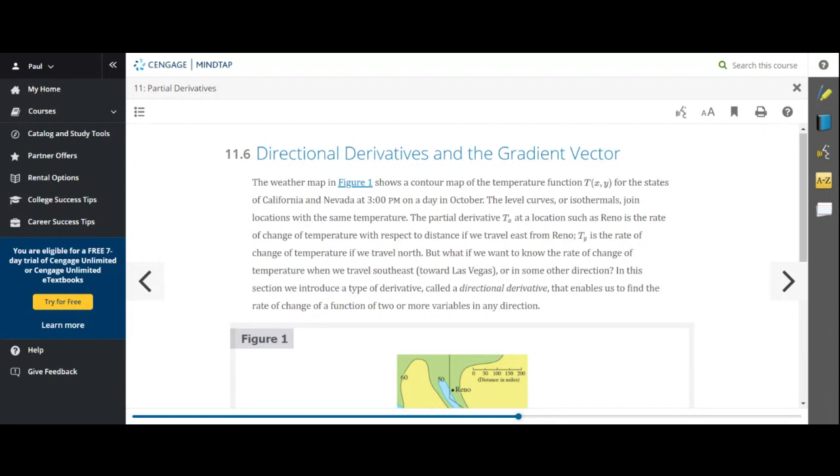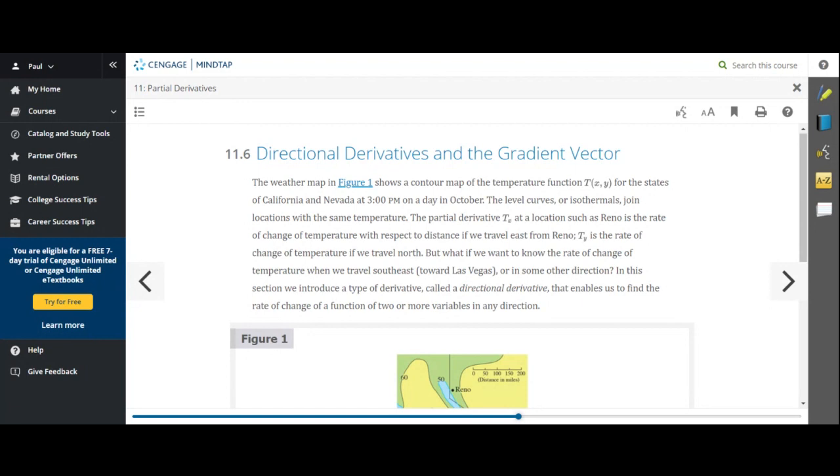All right, let me go down here a little bit. Section 11.6, directional derivatives and the gradient vector. Right now you can find the slopes of tangent lines of a surface in what direction?